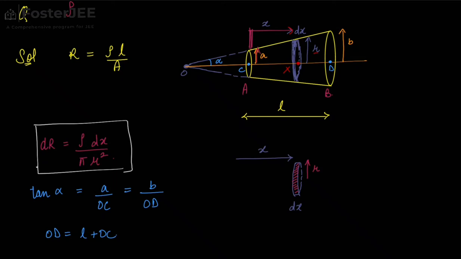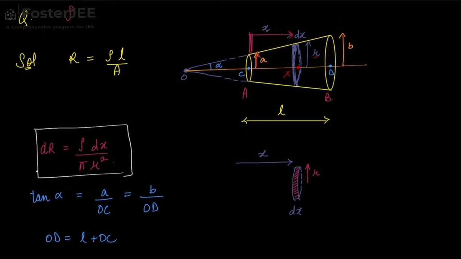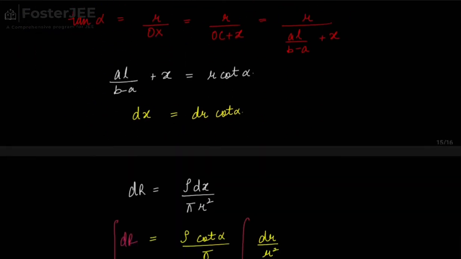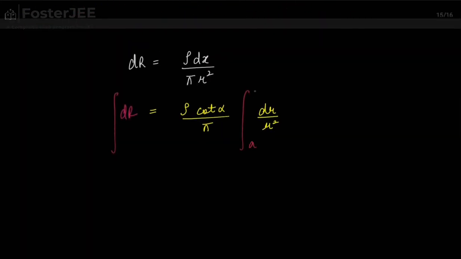That would be a. And when x becomes its maximum value, that is L, what will be the radius of the disk? That will be b. So if we put the limit of r from a to b, all of this tapered shape will be covered. So the limits will be a to b and the resistance will be 0 to R net.